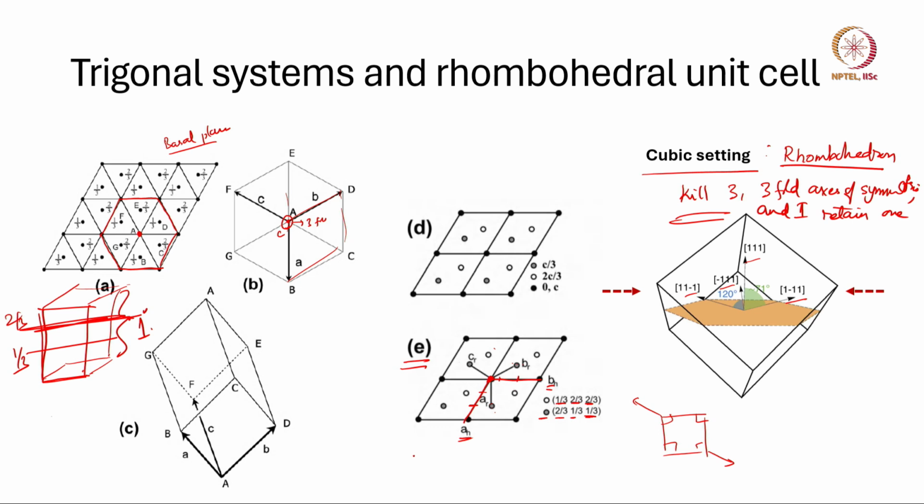The black circles are in one plane, and that plane is given as z equal to 1/3. The white circles are in another plane, which has z equal to 2/3, right.